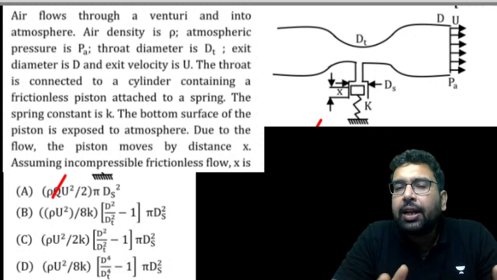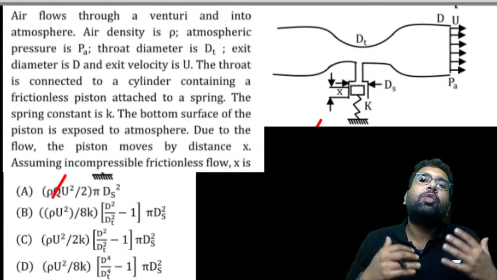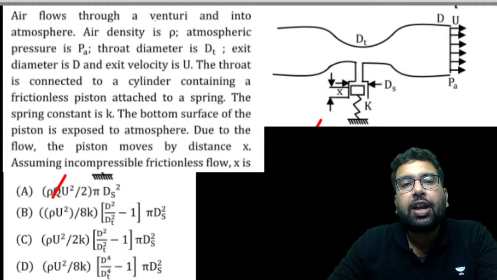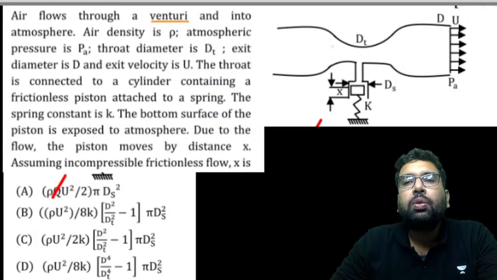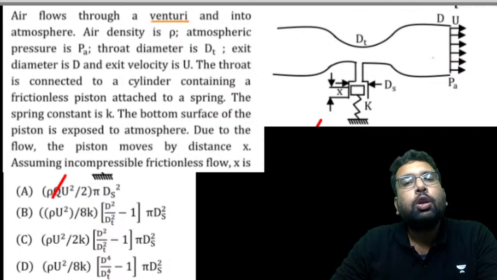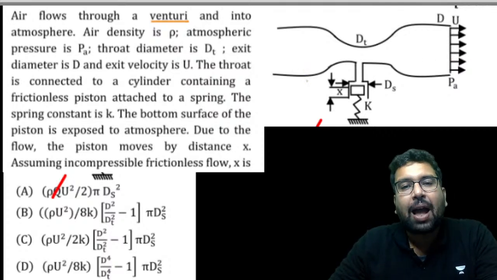Don't get fearful. Try to realize which chapter and topic this question belongs to. It is mentioned here that it is a venturi, and you are given such a shape, velocity, diameter, all these things. So you can recognize that this is a question of fluid dynamics.